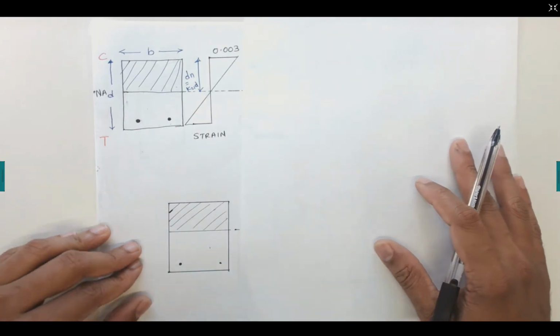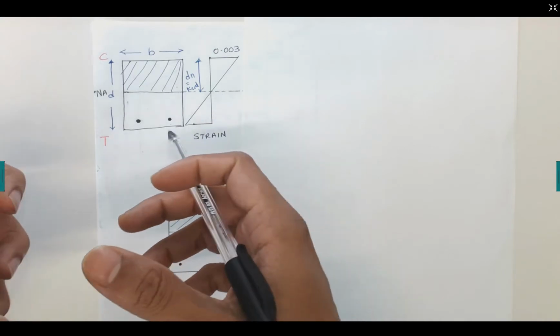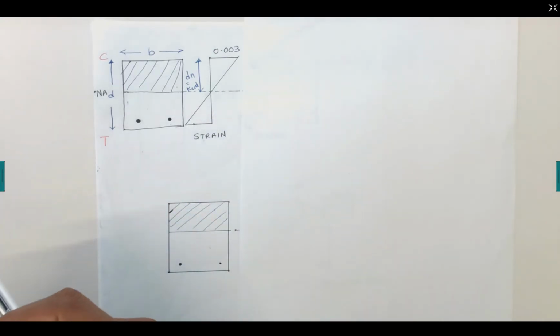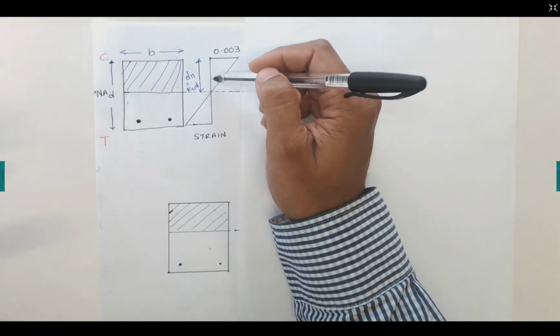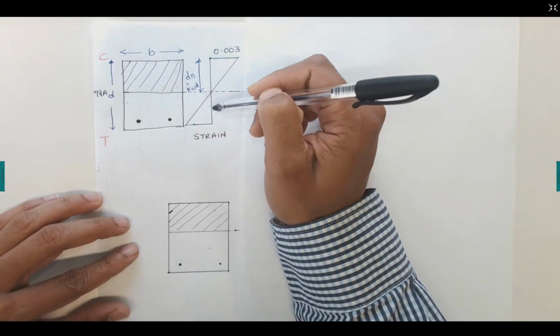Now let's get the strain value, because these are composite structures. Steel and concrete work as one member, they bond together to work as the same. So both steel and concrete are subjected to the same strain. In that case we will get a linear strain distribution.